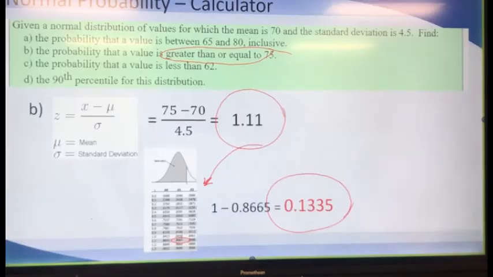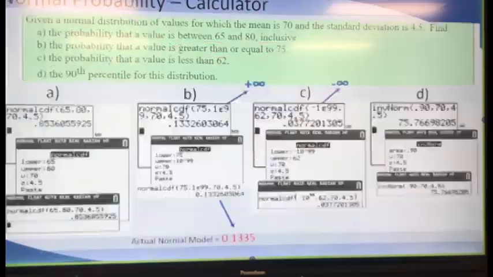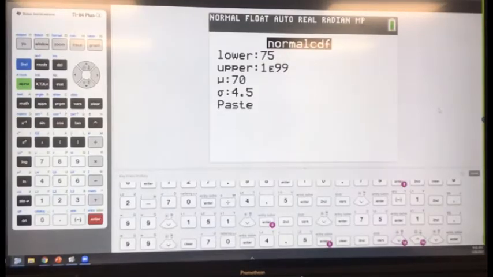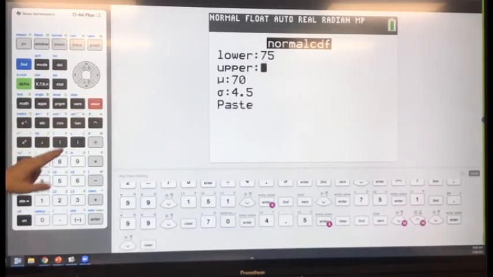So my upper and lower range, let's go here. My lower range is, I want to find values that are greater than or equal to 75. So my lower range is 75, and all values greater than, I'm going to use 1E99.